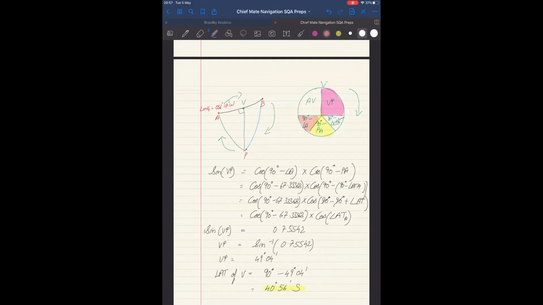Let's look at this drawing again. I have written the longitude of A, which is 56 degrees, 17 minutes west. We are moving in a direction which is easterly in nature.